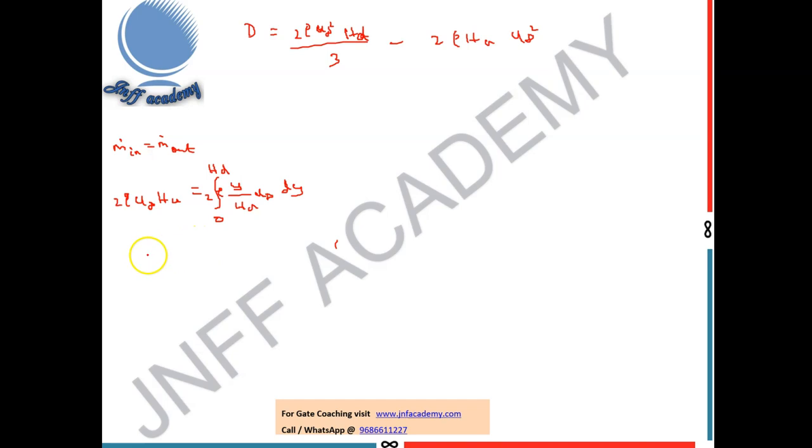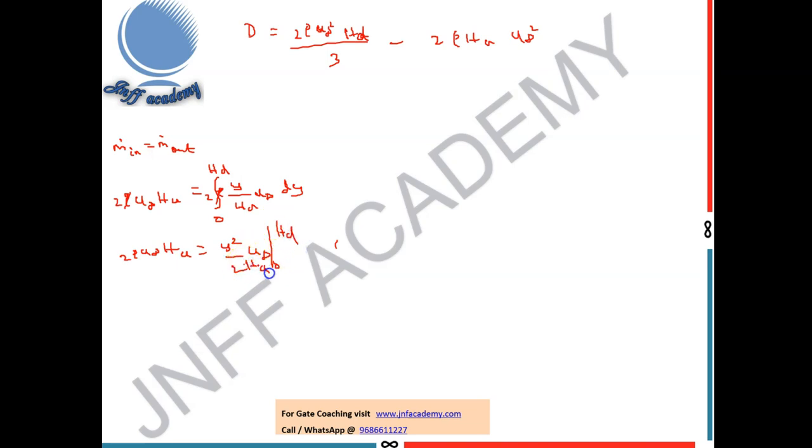If you integrate it, 2 rho u infinity hu is equal to y square by 2 will come, so obviously the 2 will cancel. Y square by 2 into u infinity, and rho we can also cancel, considering it a constant, with the limit 0 to ht.